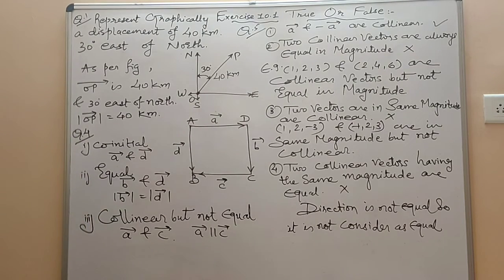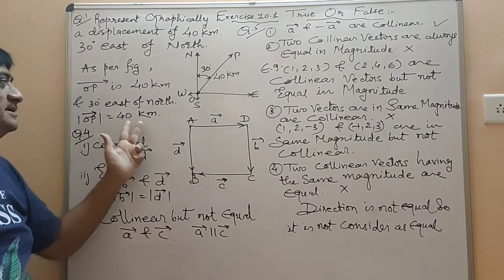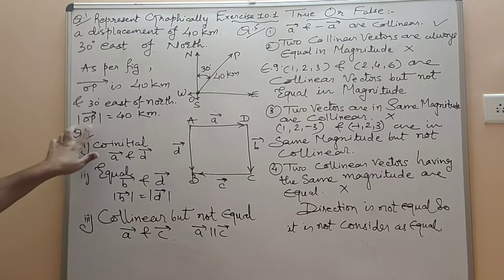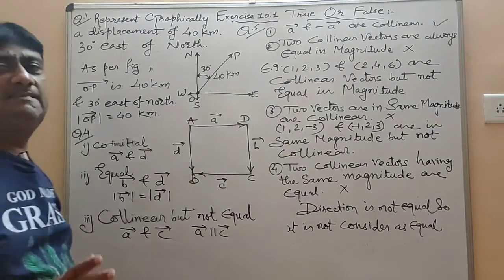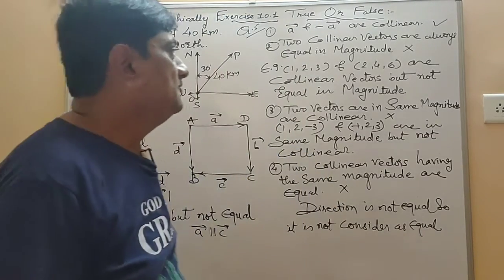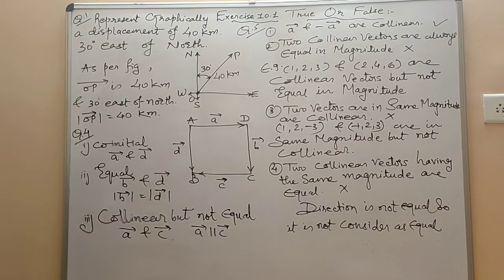As per figure, vector OP is 40 kilometers in 30 degree east of north. So the length of vector OP is 40 kilometers. It is called magnitude, which we have studied in exercise 10.2 also. How to find length of the vectors.